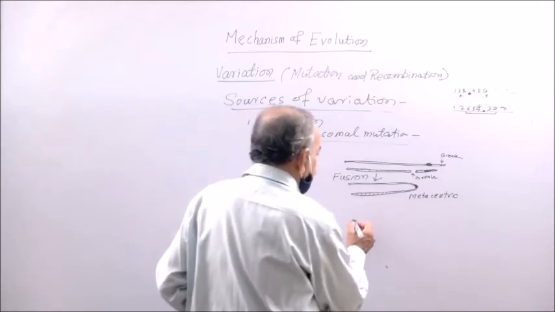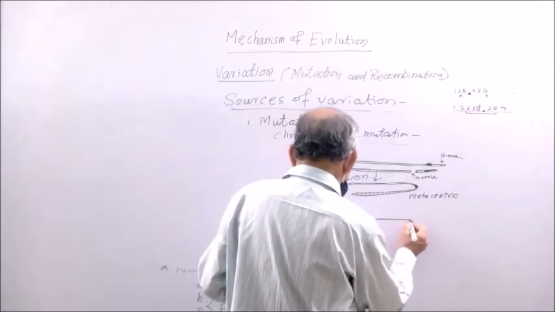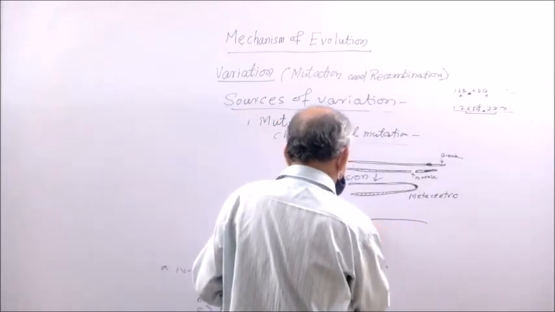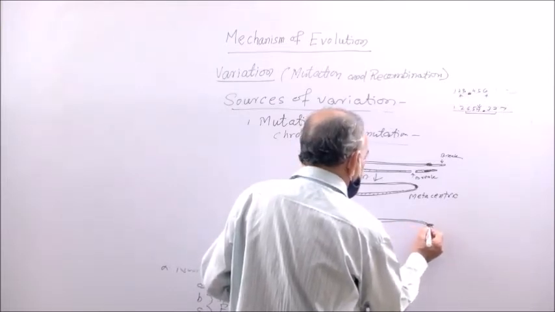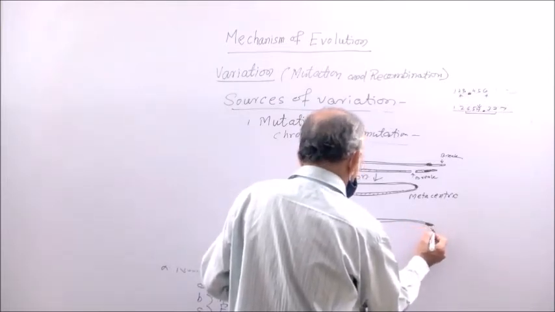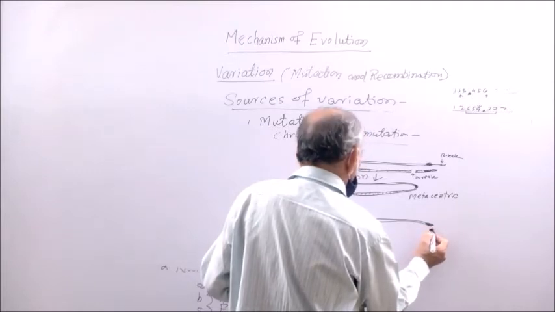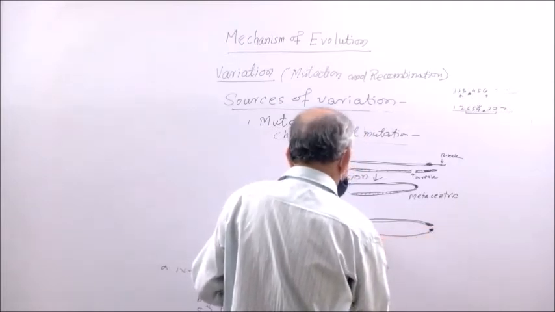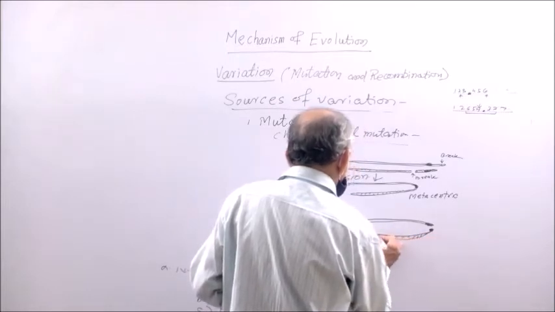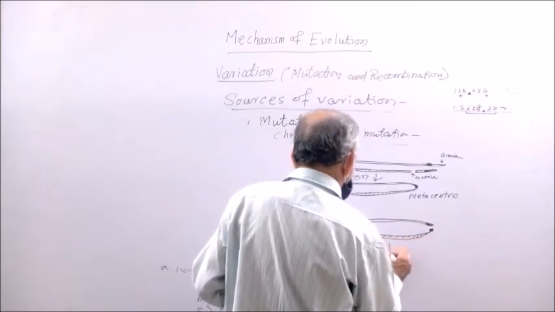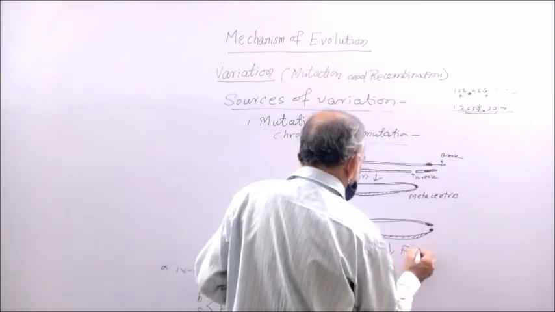In fission, one chromosome splits into two. Suppose this is one chromosome, and it splits into two, that is fission.